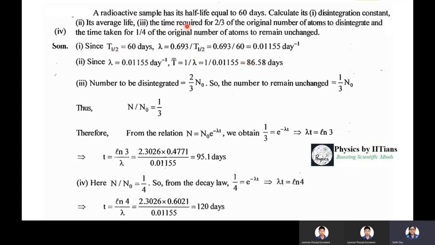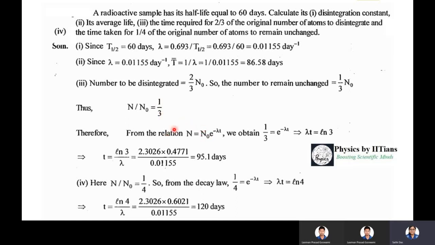Now the next question is the time required for 2/3 of the original number of atoms to disintegrate. Suppose the original number is n naught, so the number disintegrated is 2/3 of n naught, and the number remaining unchanged is 1 minus 2/3 n naught, that is 1/3 n naught. So n by n naught is 1/3.